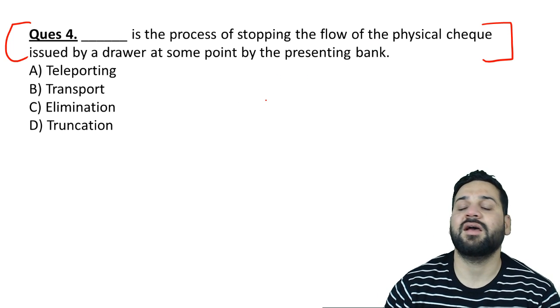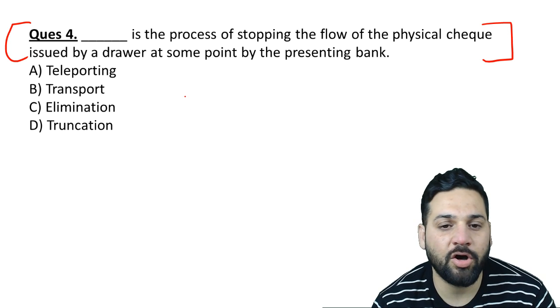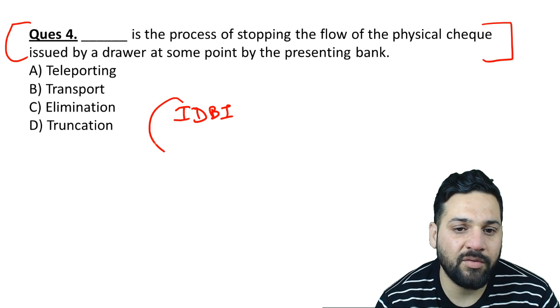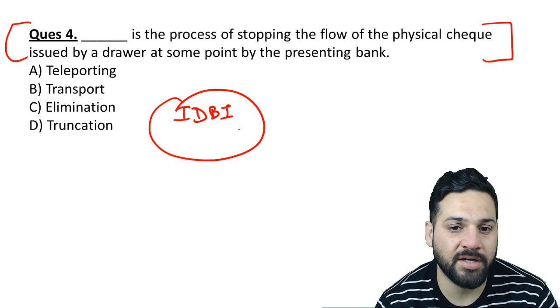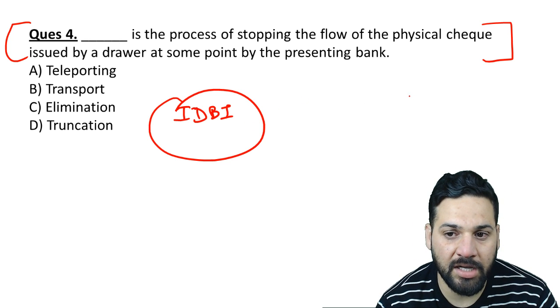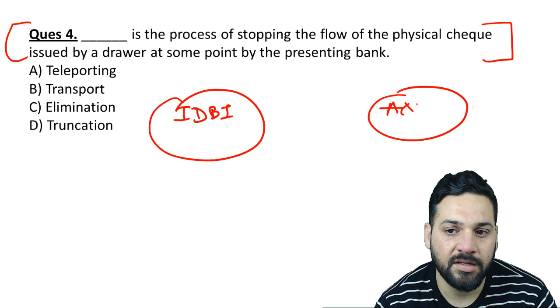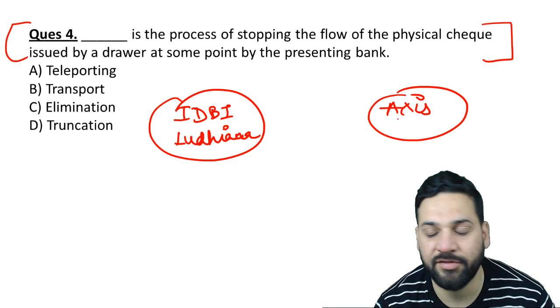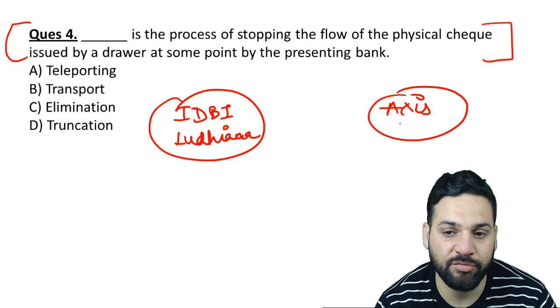See, students, let's say I have an account in IDBI Ludhiana, and I issued a check to you, and your account is in, let's say, Axis Bank, New Delhi branch.